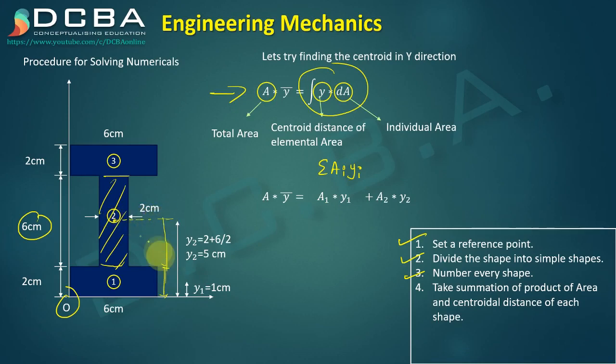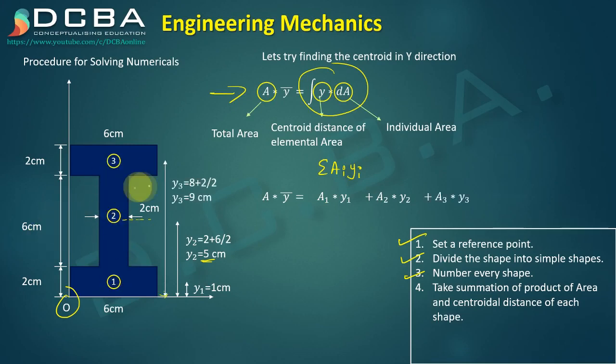So it is 2 plus 6 by 2, that gives you y2. Then for the third shape, it will be a3 into y3. A3 is 2 into 6, and y3 is the centroid along the y direction of area 3 from point O. So it is 2 plus 6, which is 8 centimeter, plus half of this, h by 2, so 2 by 2. So 8 plus 2 by 2 is your y3, which is 9 centimeter.